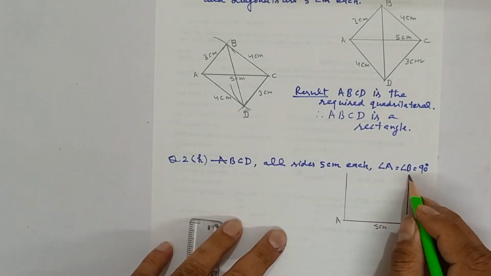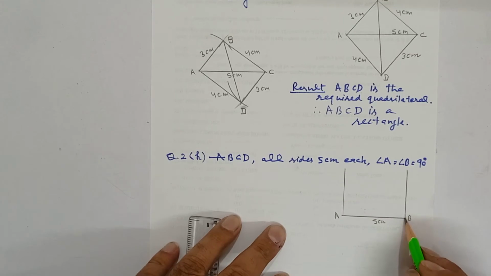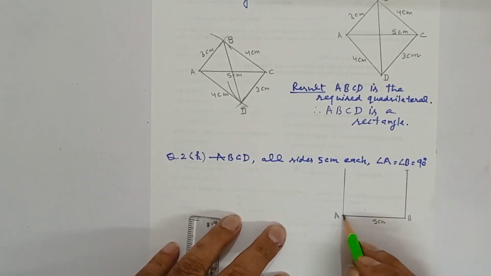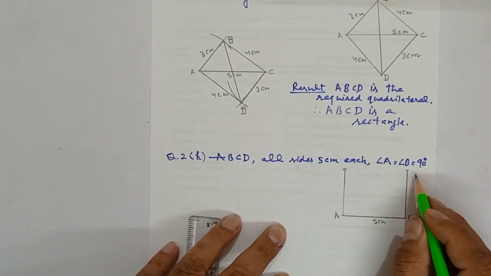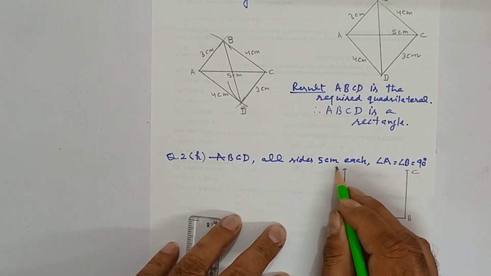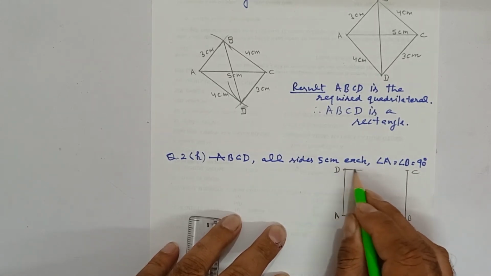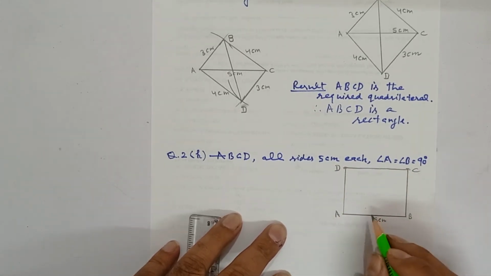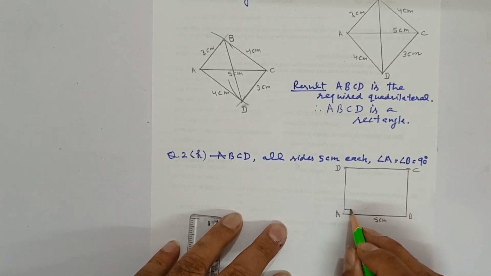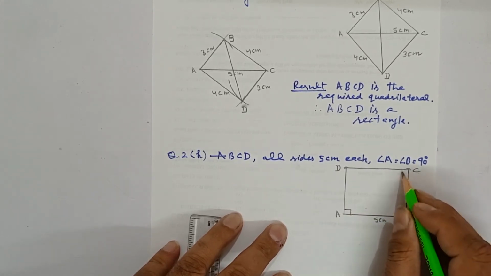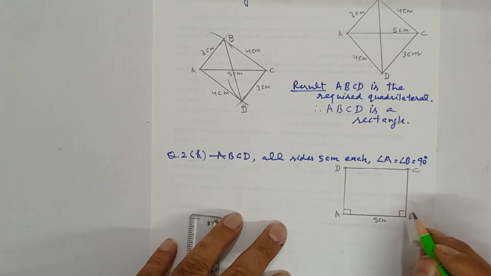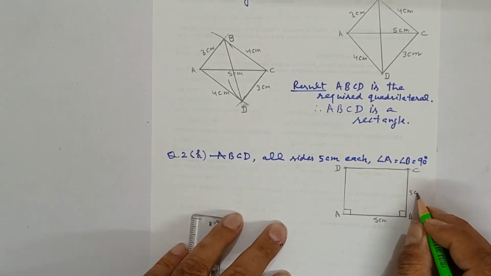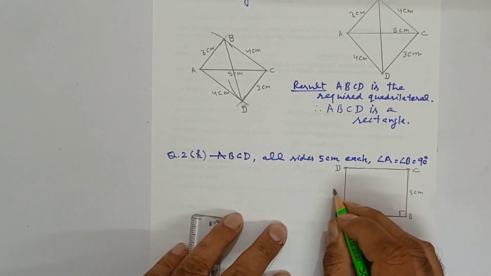Then he has told all sides are equal. So from here I will cut 5. From here I will cut 5. This will be C. This is D. And we will join this. So angle A is 90, angle B is 90. These automatically will come 90, C and D. So 5 centimeter are all sides.